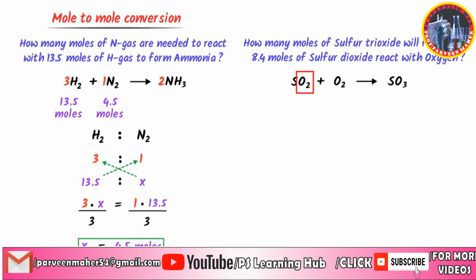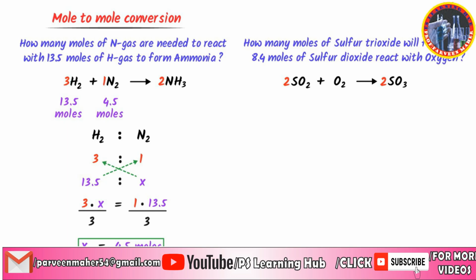Now 2 oxygen atoms plus 2 oxygen atoms is equal to 4 oxygen atoms, while in the products, there are 3 oxygen atoms. I place here 2. In the product, there are 2 sulfur atoms. In the reactant, I place here 2. Hence, this is the complete balanced chemical equation.